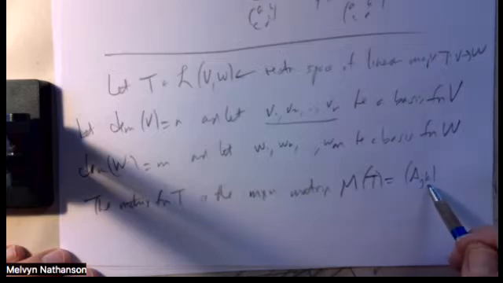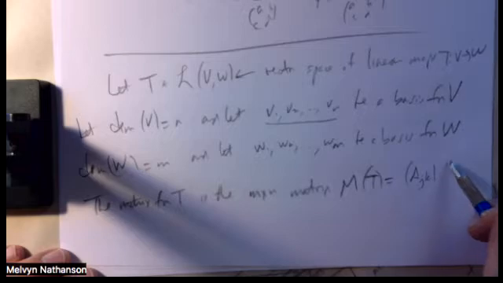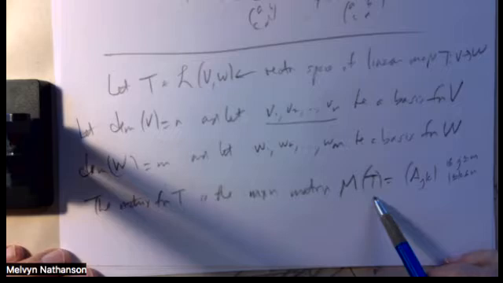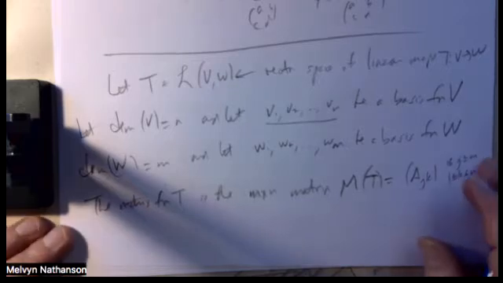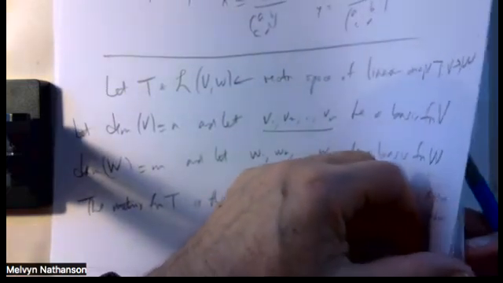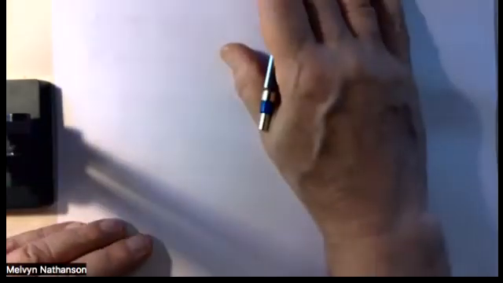These are the coordinates of this m by n matrix. There are m rows, so j goes from 1 up to m, and k goes from 1 up to n. I want to define a matrix from this linear map, and we do it in the following way. Here is the formal definition; then I need to write down some examples.